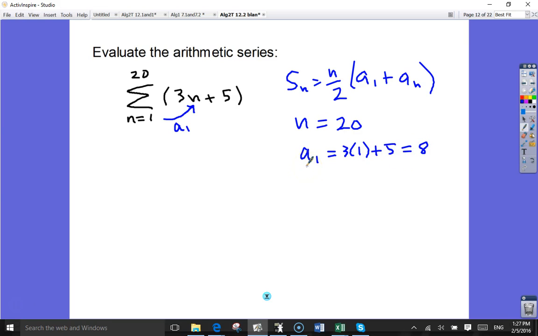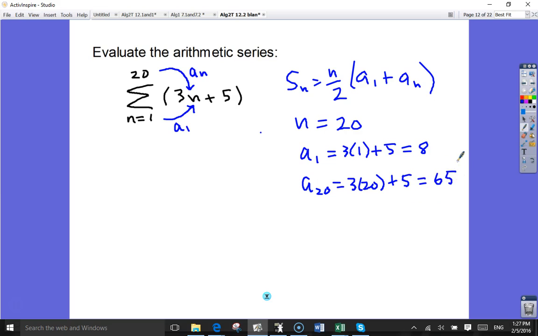Okay, how am I going to find the last term? Plug in the upper limit, right? Right there, AN. So in this case, I'll call it A20 is 3 times 20 plus 5, which is 65.